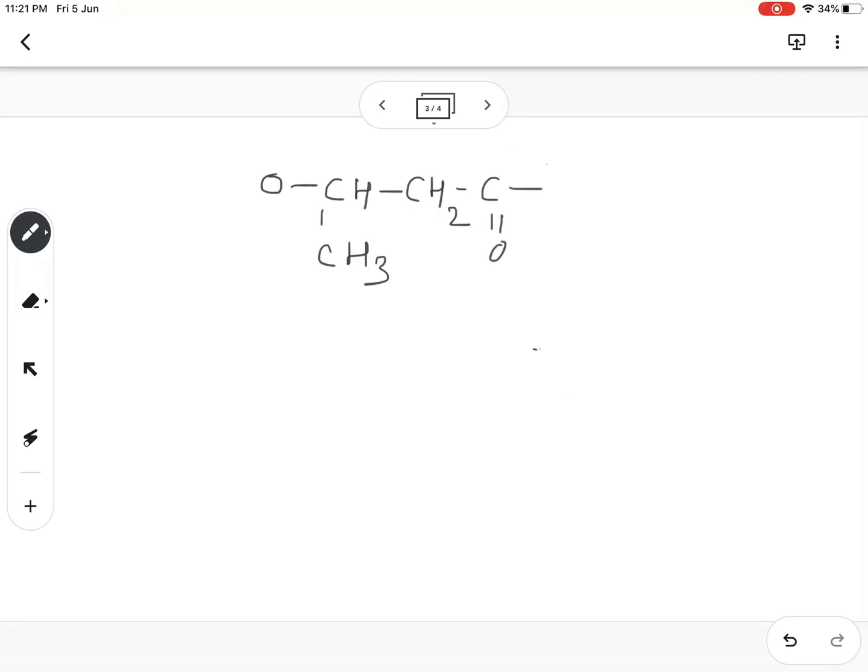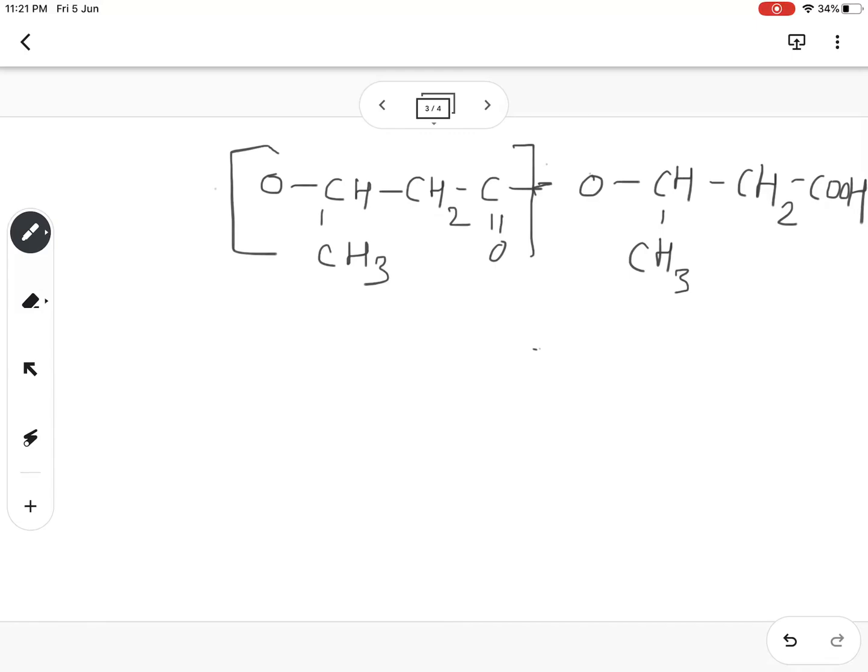On one side it is linked with a molecule of beta hydroxybutyrate, and on the other side also it is linked with a molecule of beta hydroxybutyrate, CH2, CH, CH3, OH, and here we can write n number of hydroxybutyrate molecules.